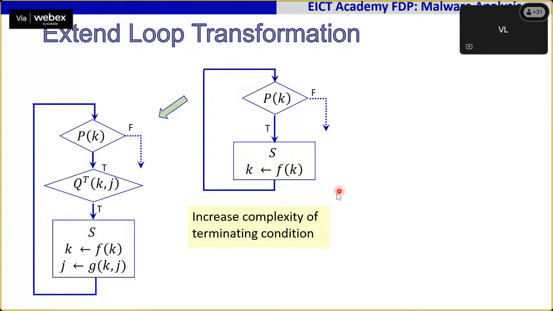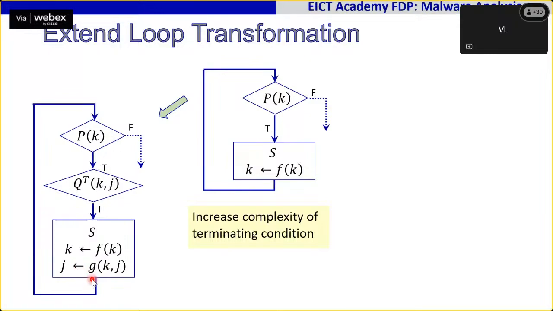Similarly, in this particular case, this is a loop, and this loop will change the value of k, again check whether the condition on k is true or false. If it is true, it will again enter the loop and so on and so forth. So again here we are using a predicate which is always true for k and j.